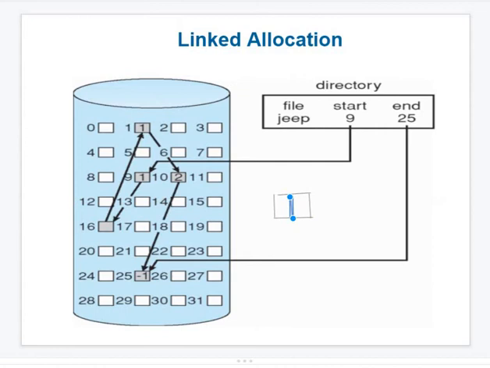One more box I need to put. Right, okay, here. So this will be data, left link, right link. Left link means from where it has come, right link means to where it will go.